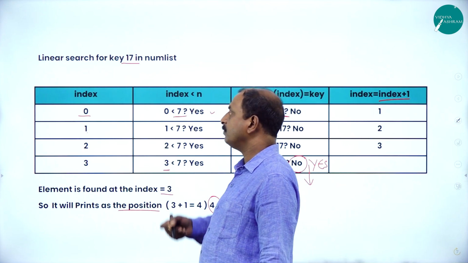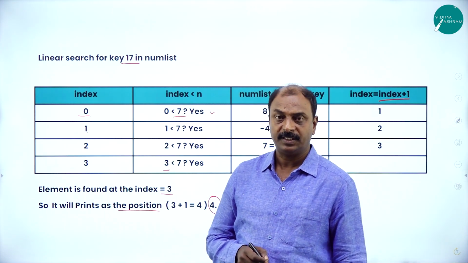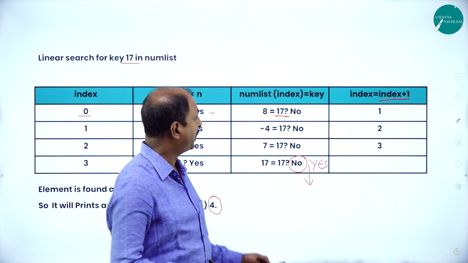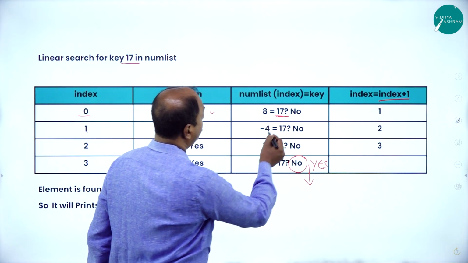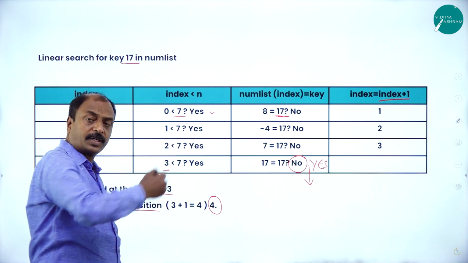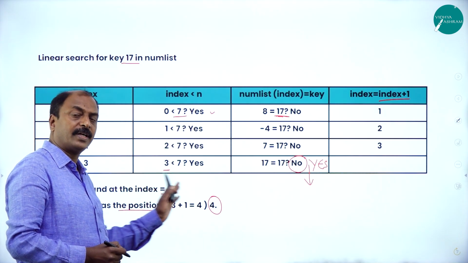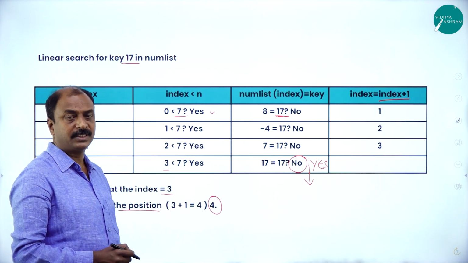See, this is one example of linear search. So what is the definition? We are comparing the given key value 17 with each and every element of the given list from the left hand side, starting from the index 0.